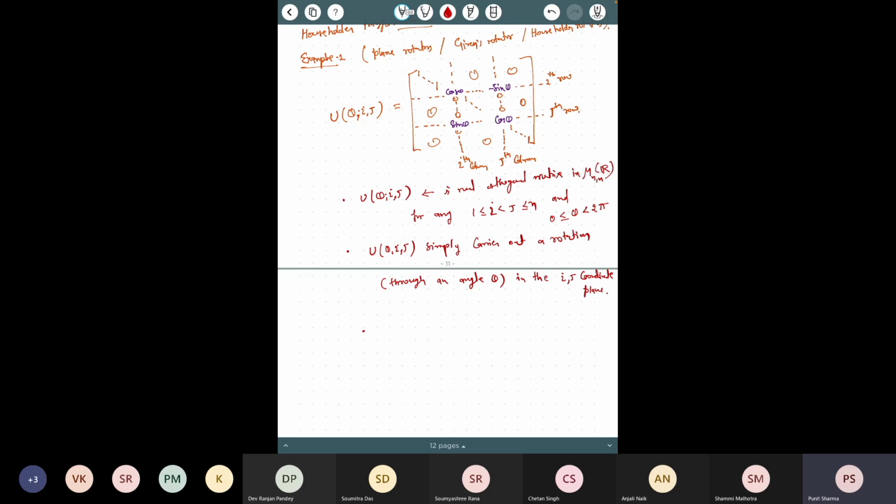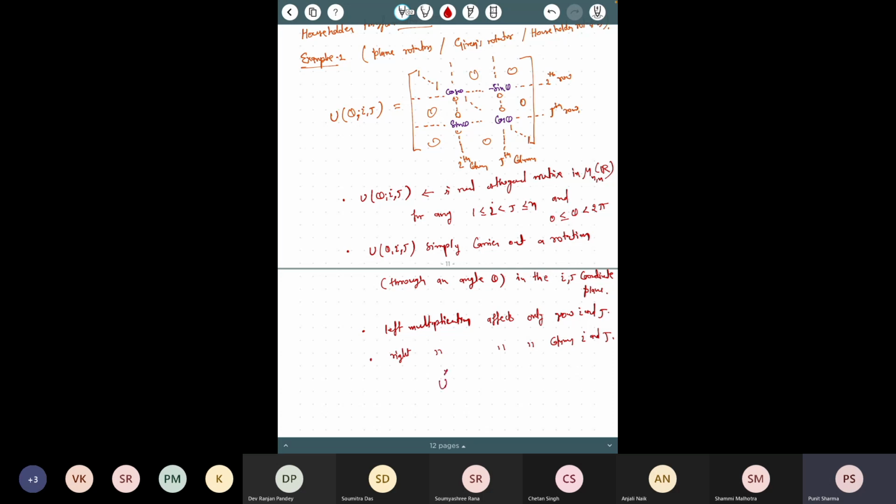So what I'm saying is that left multiplication by this matrix u affects only rows i and j, and similarly right multiplication affects only columns i and j. So only two rows and two columns would change if you apply this similarity transformation.